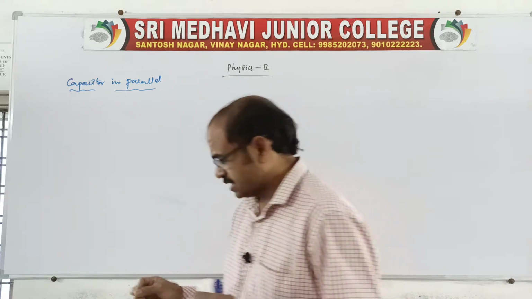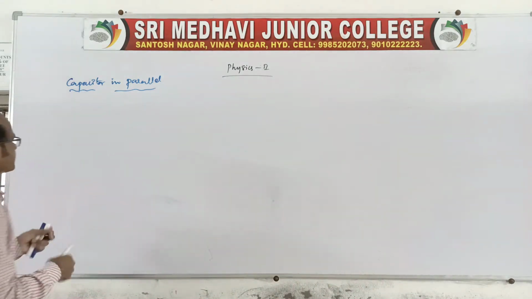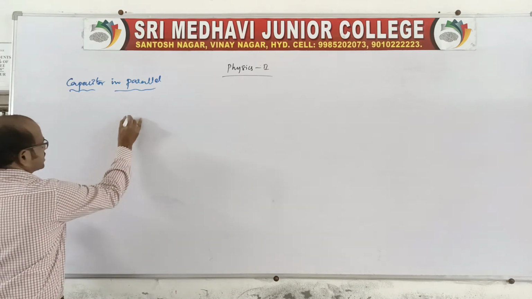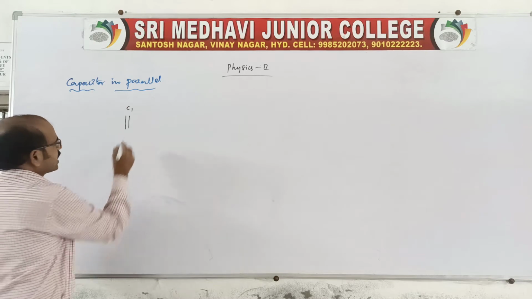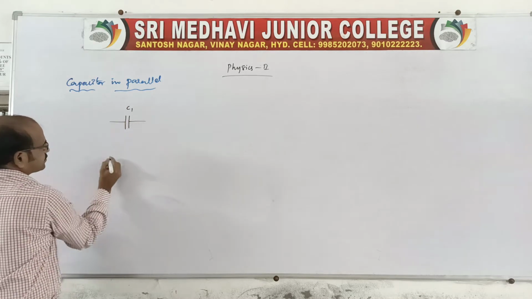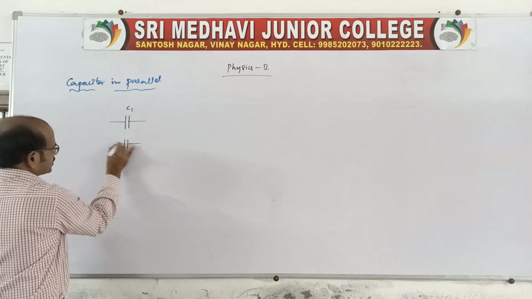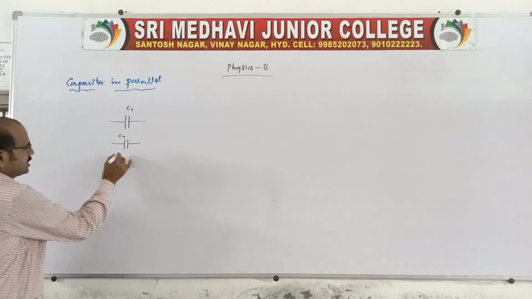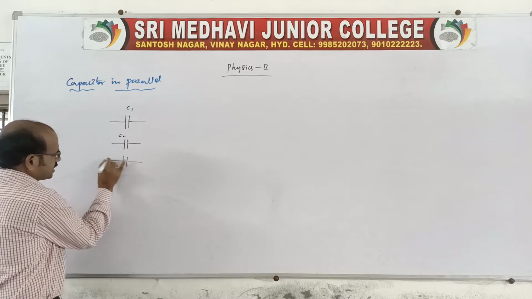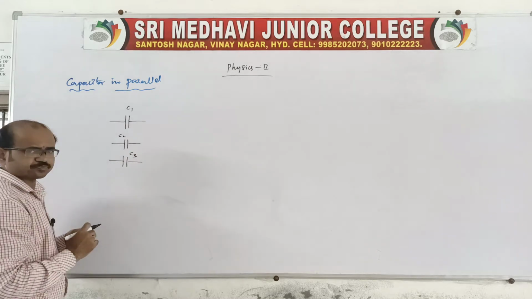Parallel means the combination will be like this. You take one capacitor with capacitance C1 and two terminals, and you take a second capacitor with capacitance C2, and like that a number of capacitors.